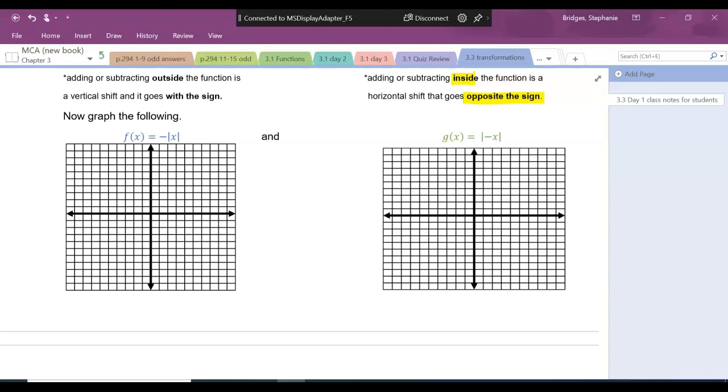Yeah. So you can't get it through that screen, is that what you're saying?